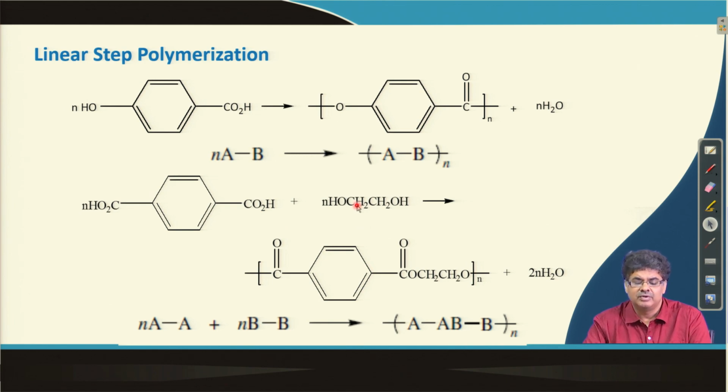We can also alter the molar ratio of the functional groups by altering the molar ratio of the monomers in this case, which is not possible in the AB case, where the molar ratio of the functional groups is always 1:1. The importance of the molar ratio of the functional groups will be discussed in a minute, when we discuss how to calculate the molecular weight from linear step polymerization.